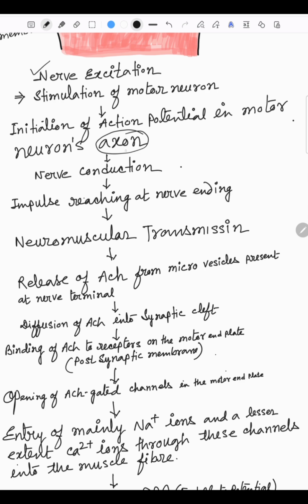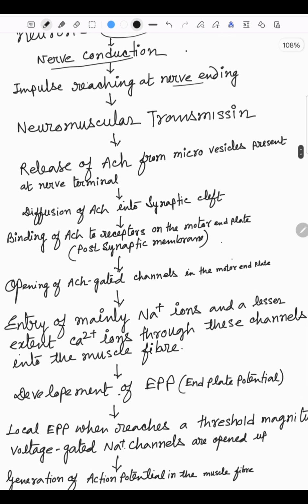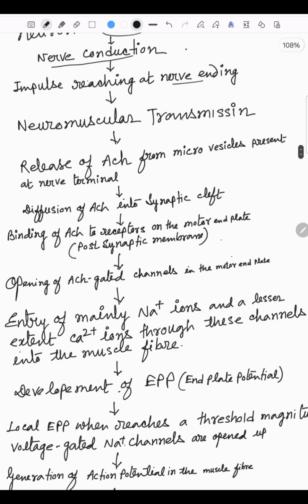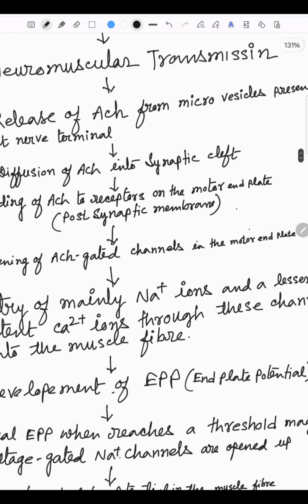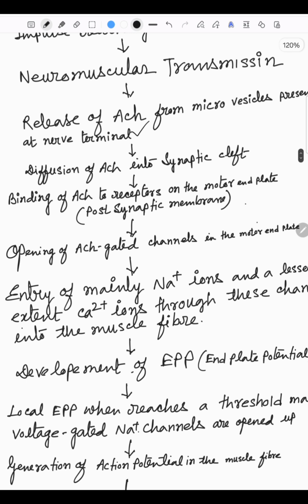Then this action potential has to be propagated to the axon terminal, so it's nerve conduction, and then the impulse reaches the nerve ending, that is the axon terminal, and then they synapse with a muscle, so the neuromuscular transmission. Then there is the release of acetylcholine from microvesicles present at the nerve terminal.